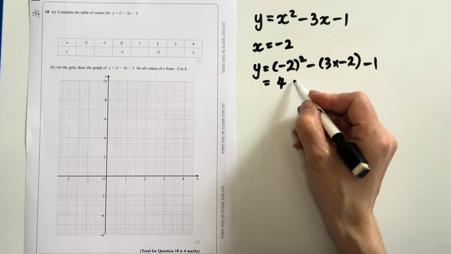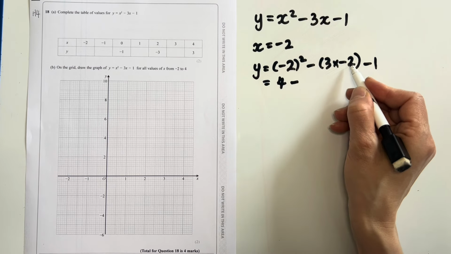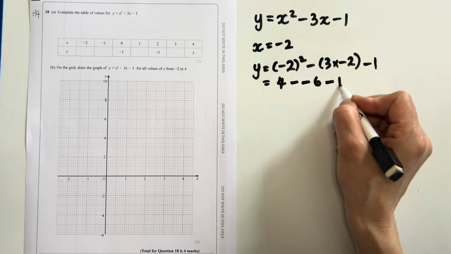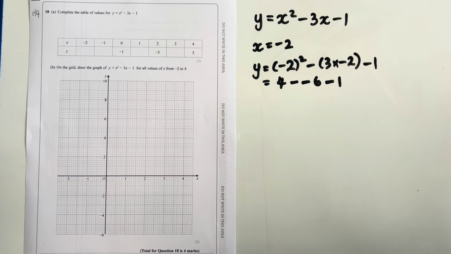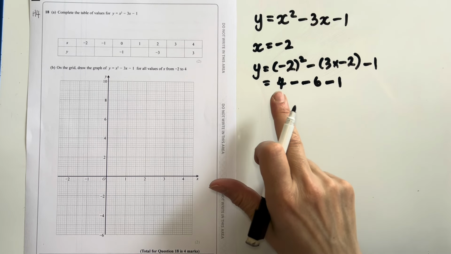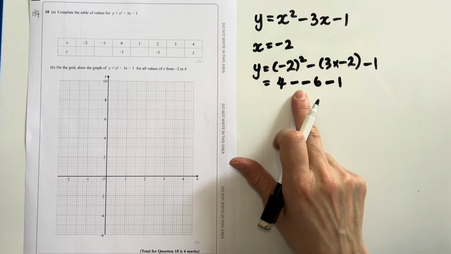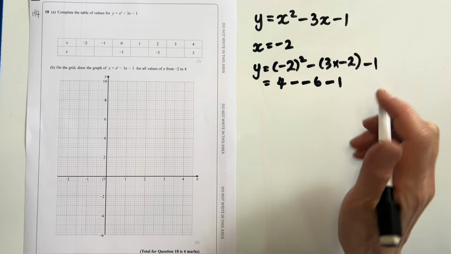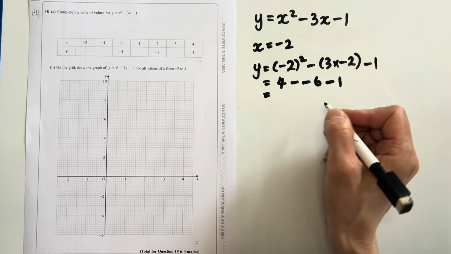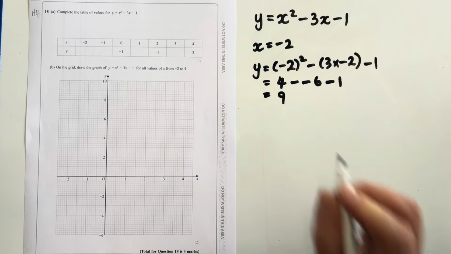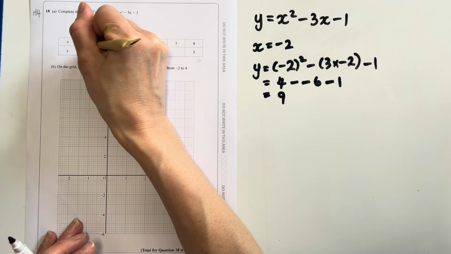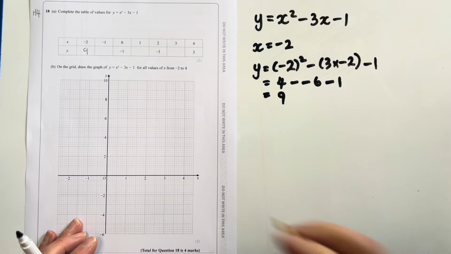We've got take away 3 times negative 2, which is negative 6, and take away 1. Okay, so we've got 4 take away negative 6, well that becomes an add, so we've got 4 add 6 is 10, take away 1, and that will give us 9. So our first value is x is negative 2, y will be 9.